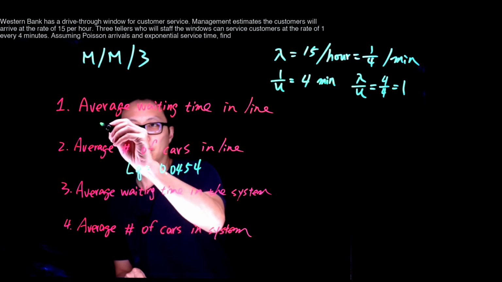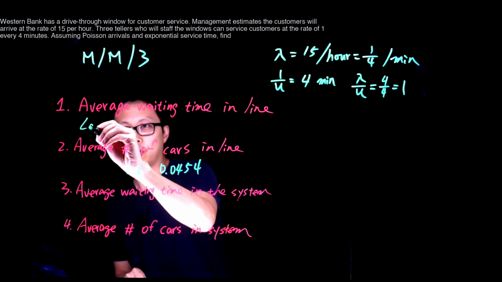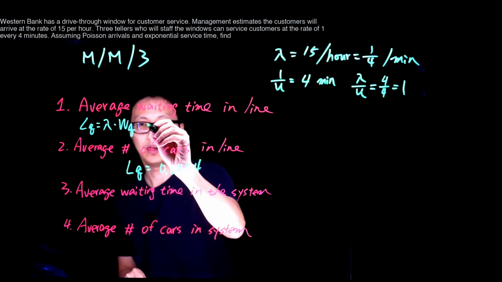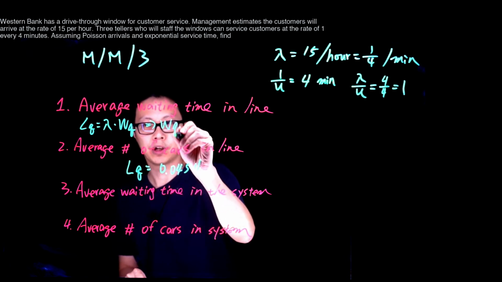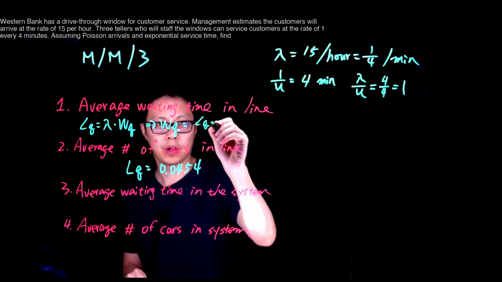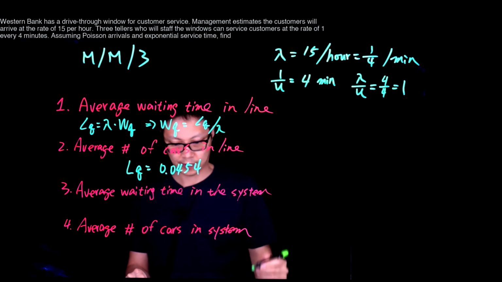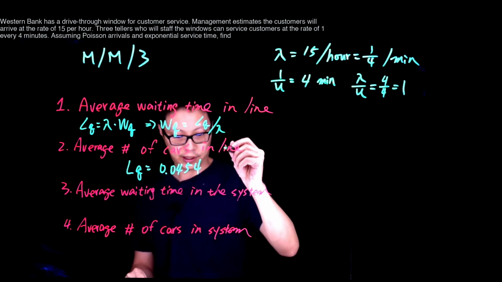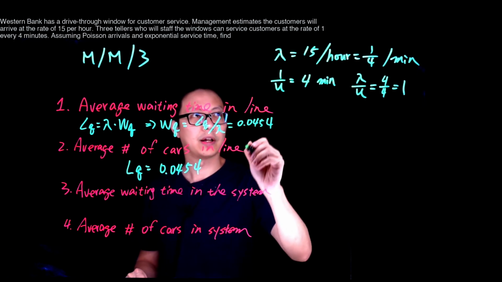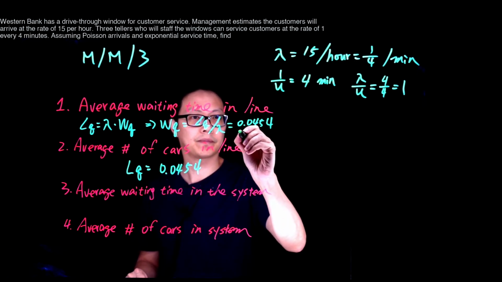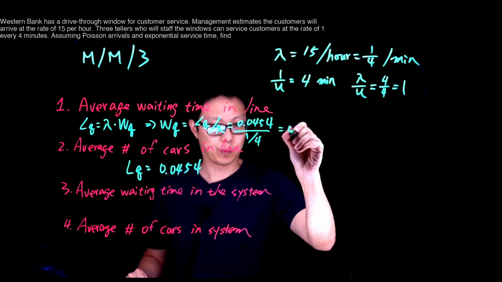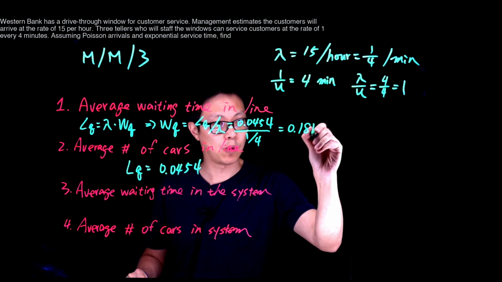Once you know LQ, we can again calculate WQ. And we want to use Little's law. So where we know LQ is equal to lambda times WQ. So WQ is equal to LQ divided by lambda. So in this case, we have 0.0454 divided by lambda, which is 1 over 4. And I have 0.1816.